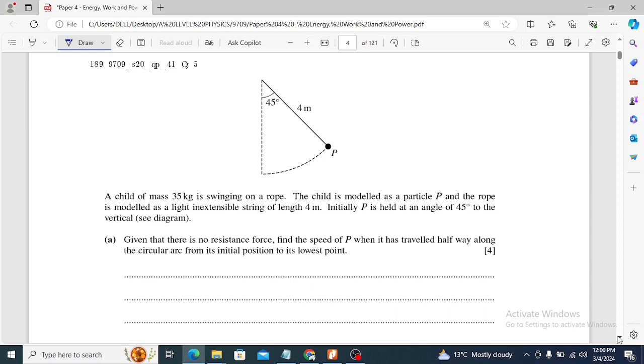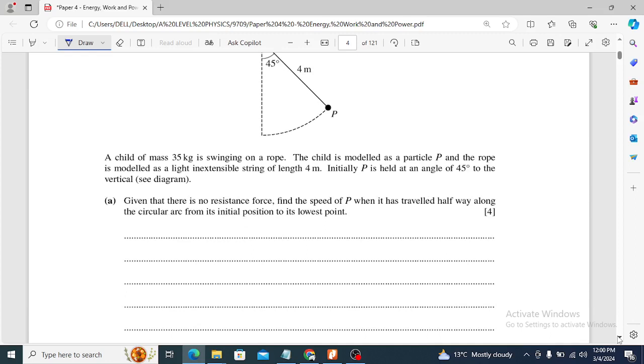Initially, P is held at an angle of 45 degree to the vertical as shown. Given that there is no resistance force, find the speed of P when it has traveled halfway along the circular arc from the initial position to the lowest position.